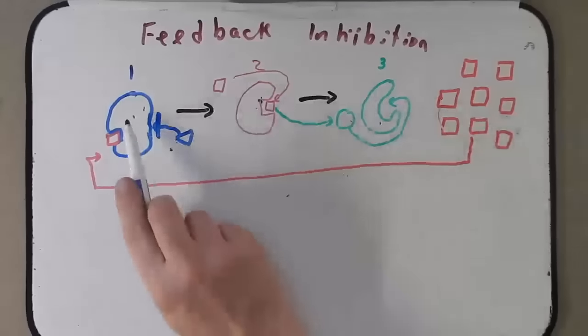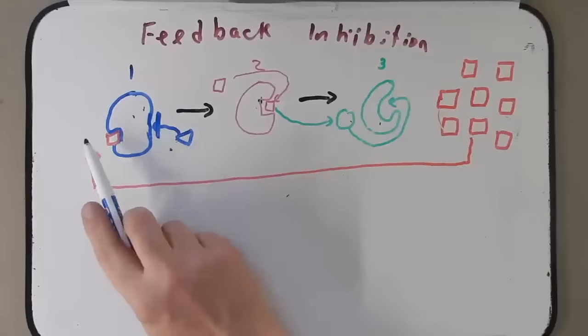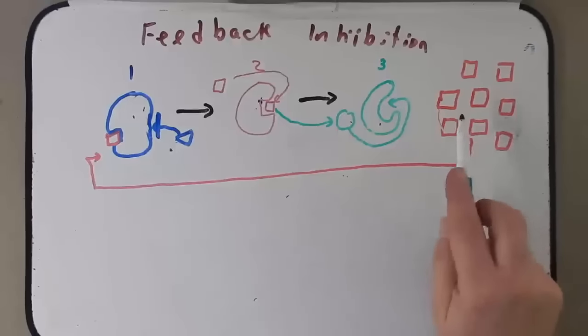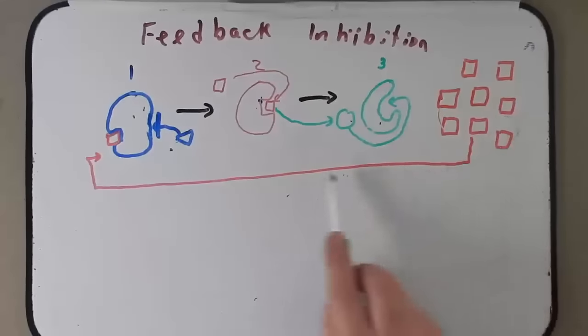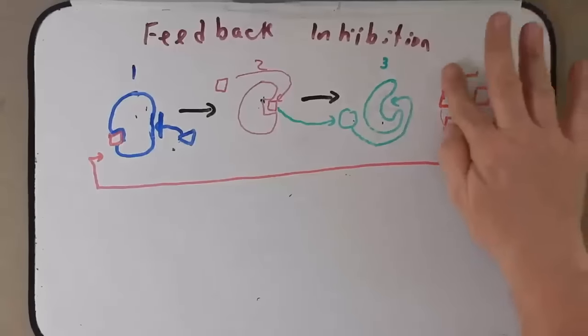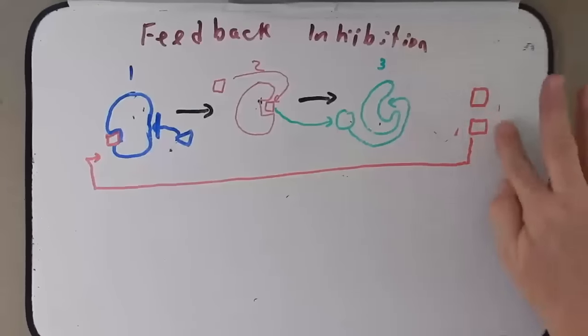And remember, the reason enzyme 1 is blocked is because the pathway at one time was working and producing a lot of this final product. And then the cell said, I have enough of this product, let's shut down this pathway. Now, over time, what will happen is that these products here will start to get used up by the cell.